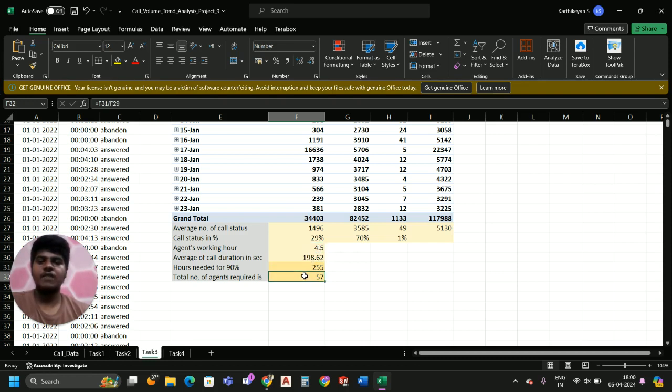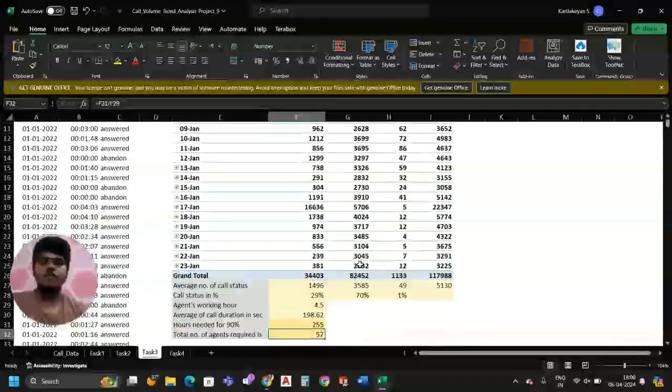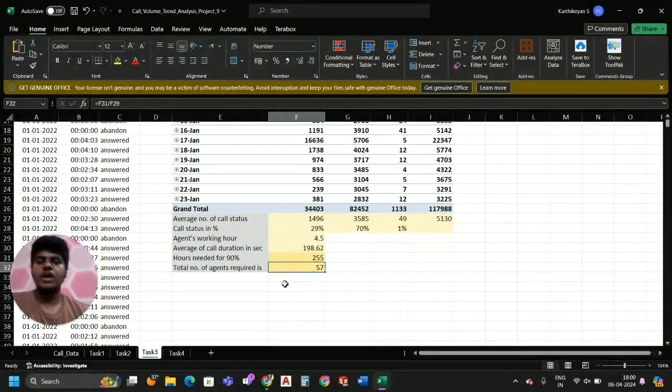After dividing that, I got the total number of agents required as 57. So this is the answer for this question. To get 90% of the work done, at least 57 agents are required to complete this task.